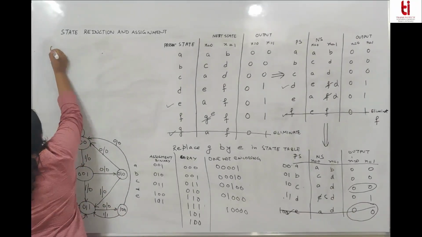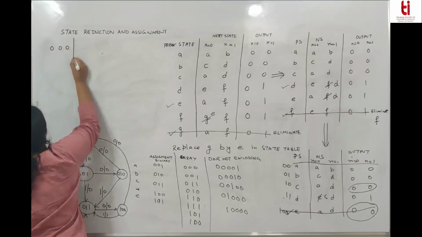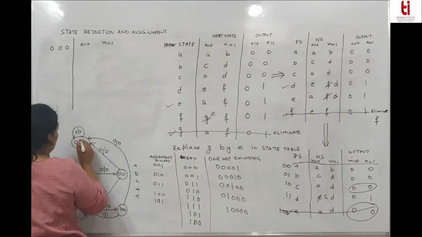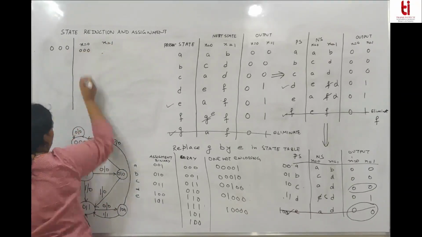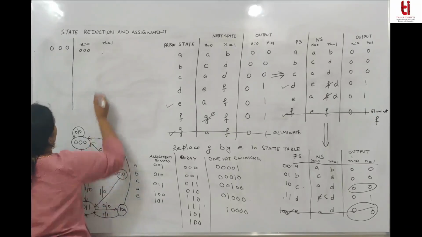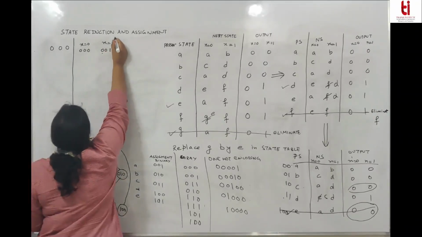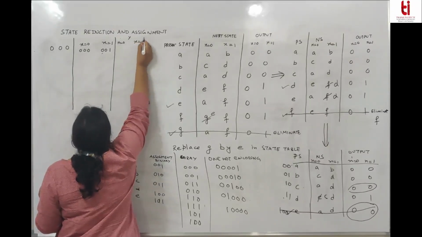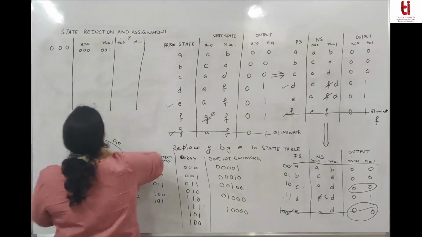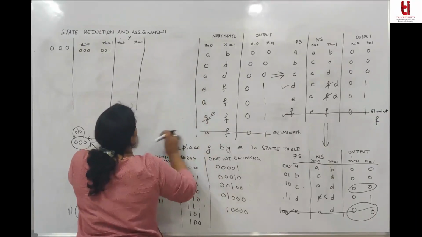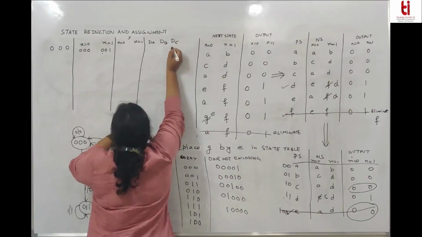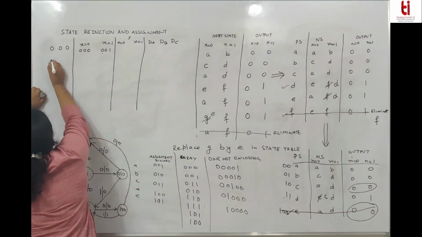So we have 0 0 0 for x equal to 0 and x equal to 1. It goes to 0 0 0, and for x equal to 1, it goes to 0 0 1. What is the output? And let's draw it with D A, D B, D C. The output will be same as previous.